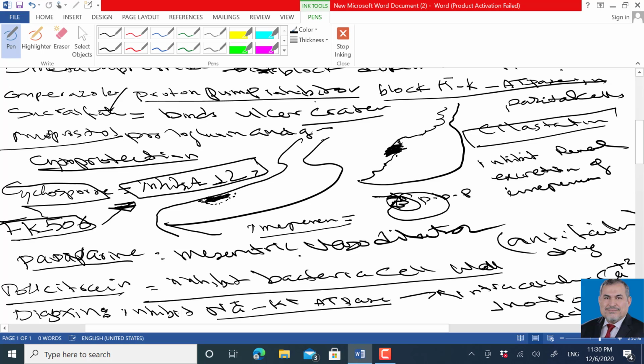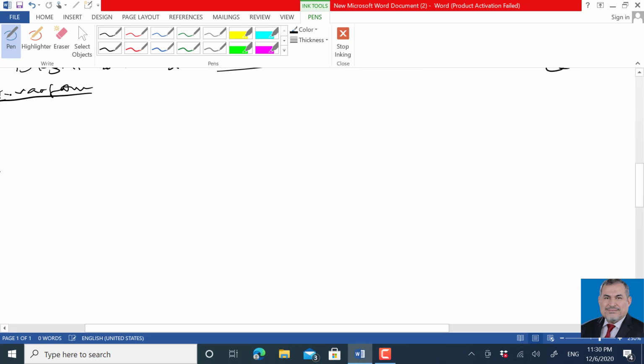Warfarin. Okay, warfarin is an oral anticoagulant. What does it do? It inhibits vitamin K dependent coagulation factors, the clotting factors.